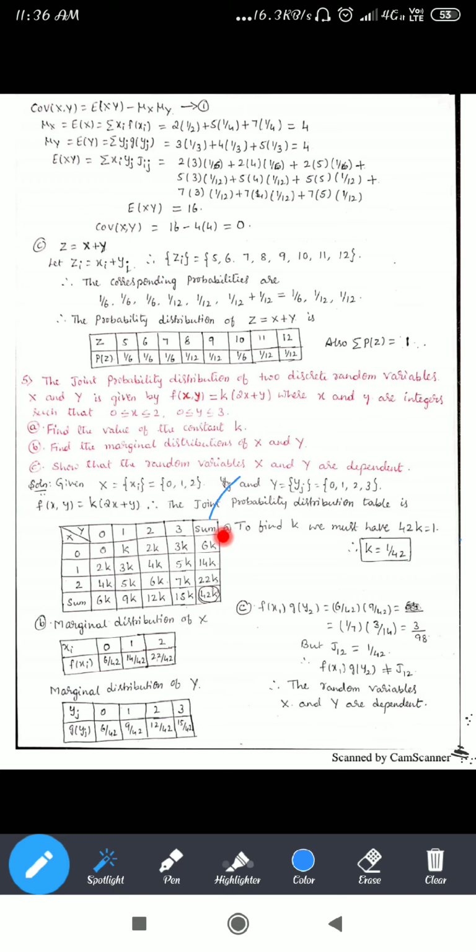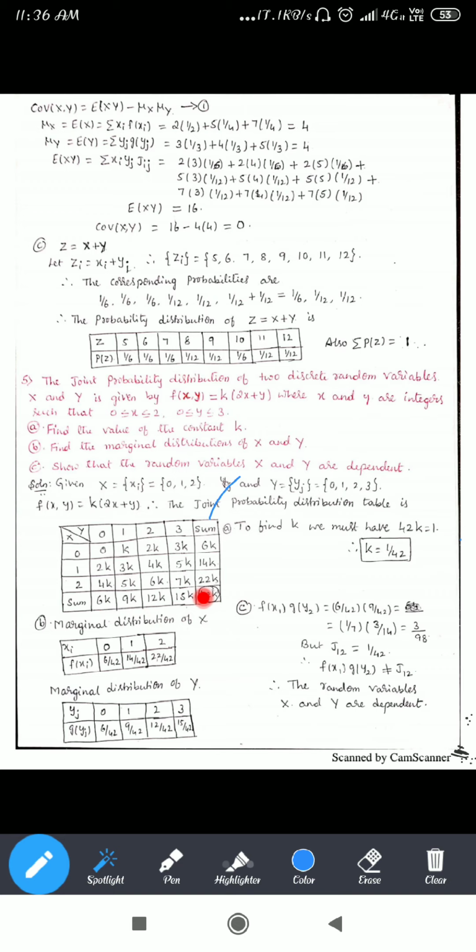And if you add this 6k plus 14k plus 22k, you'll get 42k. Same thing, column wise we have to add, you'll get 6k, 9k, 2k plus 4k plus 6k, 12k, 3 plus 5 plus 7, 15k. So 6 plus 9 plus 12 plus 15 is 42k.